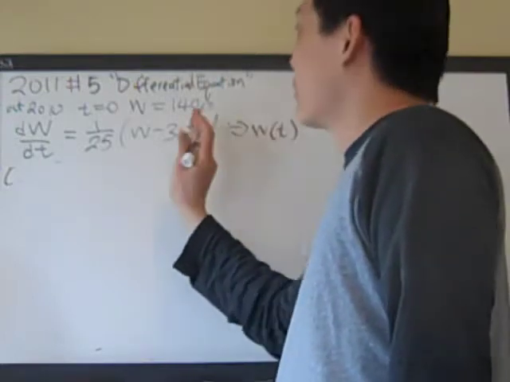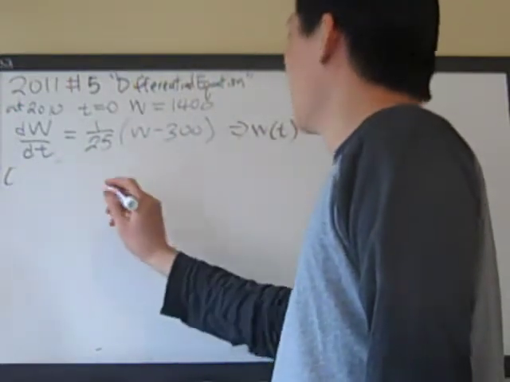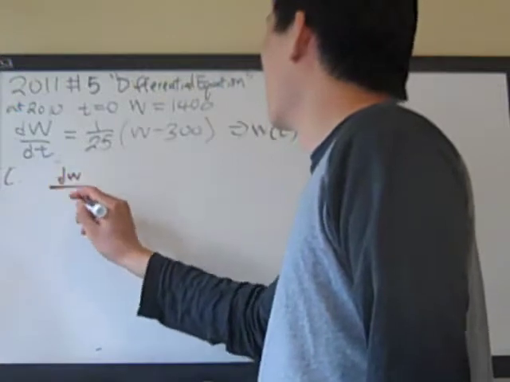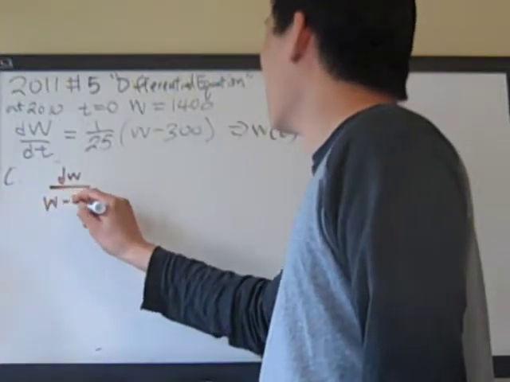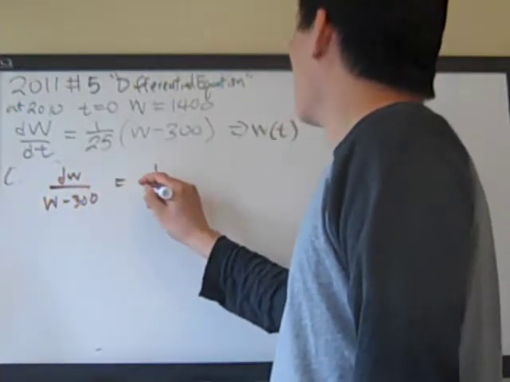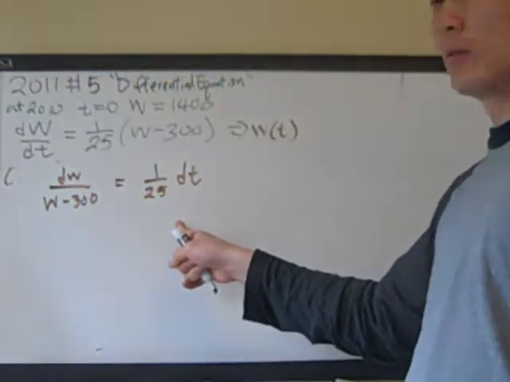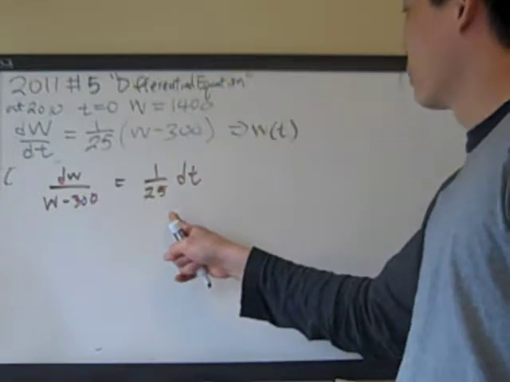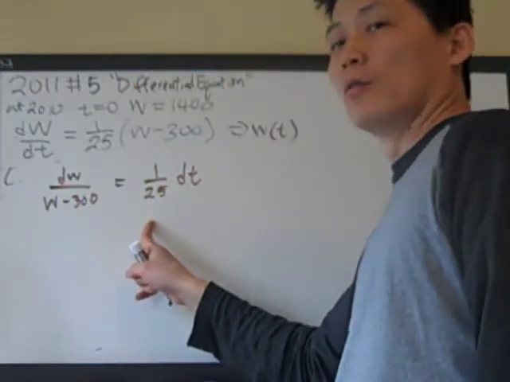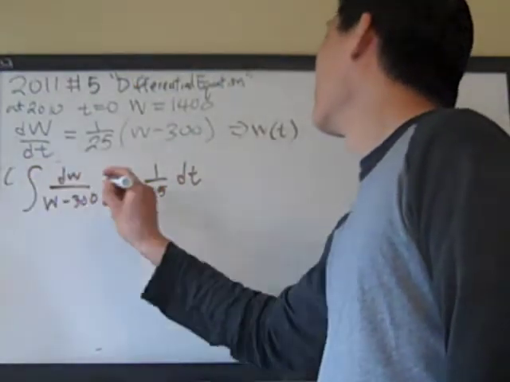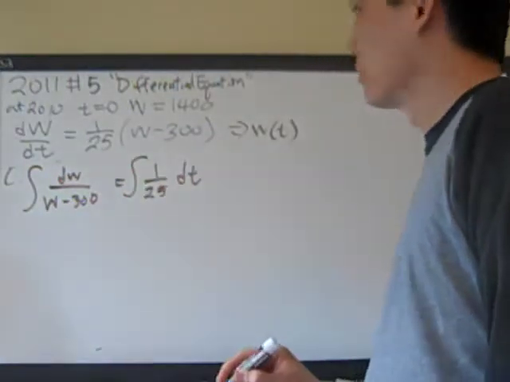I'm going to separate variables: dw over (w minus 300) is equal to 1/25 dt. This is separation of variables. Then we integrate on both sides.